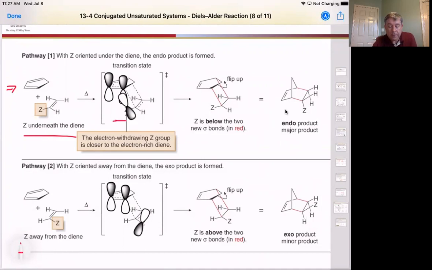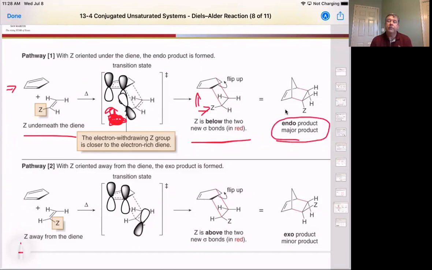The electron poor section is going to be attracted to the electron rich section, so the electron poor section is going to be closest to those electrons, trying to bond through space. When it does that, it gives us our new transition state as those bonds are forming. Because that electron withdrawing group is close to there, it gives us our endo product.